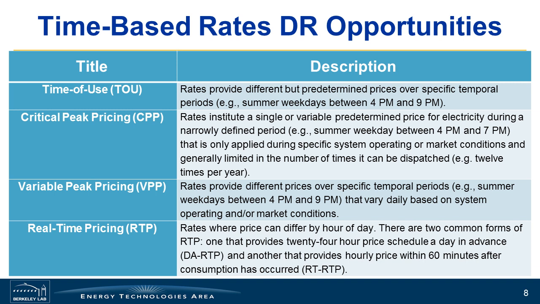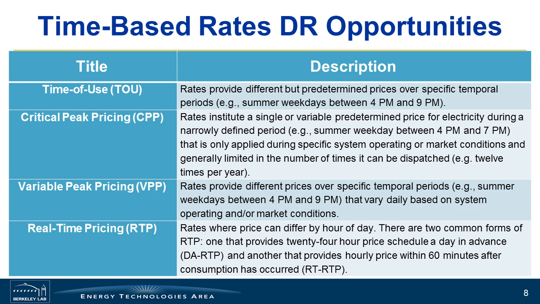And real-time pricing is not a dispatchable program as of yet. Typically, customers are given price schedules 24 hours in advance. Sometimes, in some cases, the prices are provided to the consumer 60 minutes after the consumption has occurred. So it's not necessarily a dispatchable type resource.